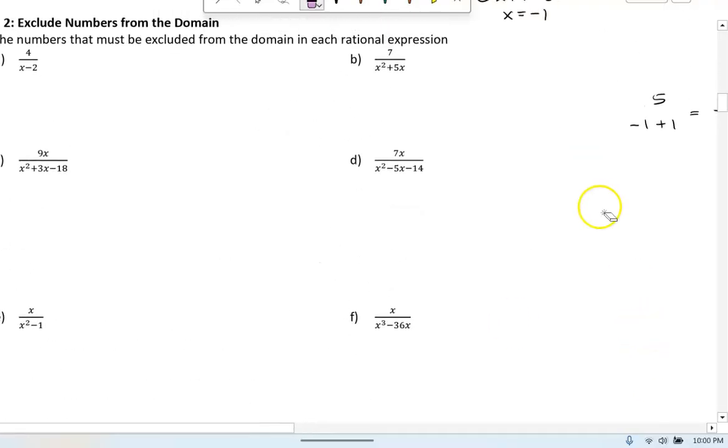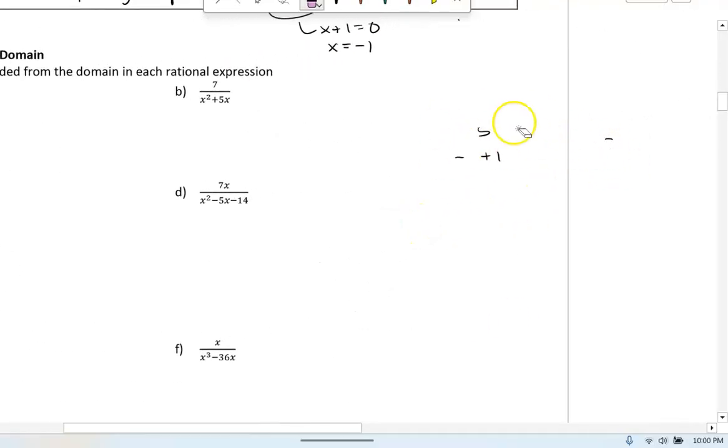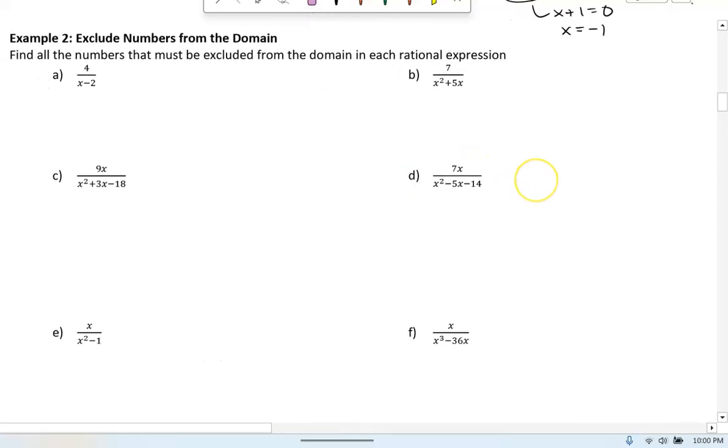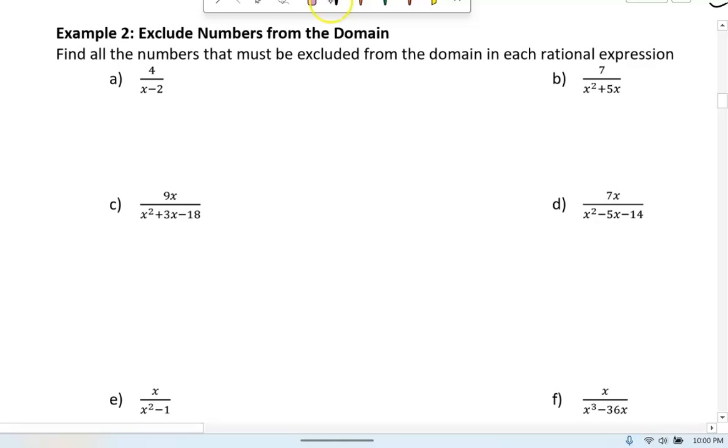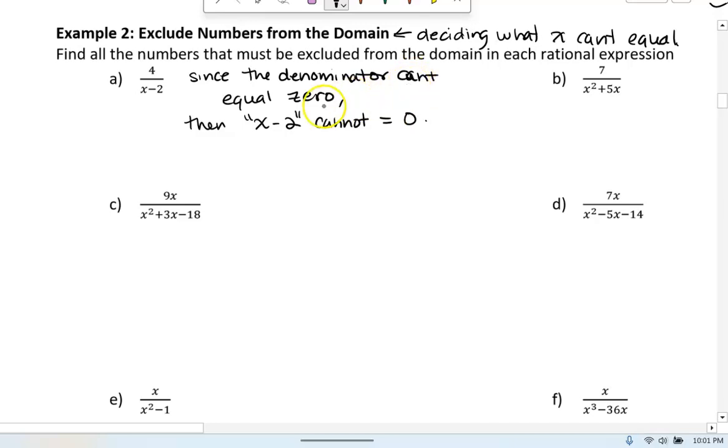And so this is very important to get into before we go into examples where we multiply, divide, add, or subtract. In example 2, we are just excluding numbers from the domain, which means we are deciding what x can't equal. So x cannot equal anything that makes the denominator 0. Since the denominator can't equal 0, then x minus 2, which is what we have in our denominator right here, cannot equal 0.